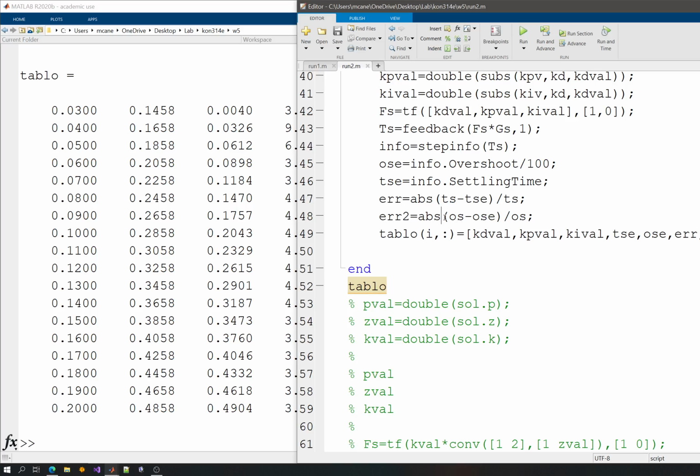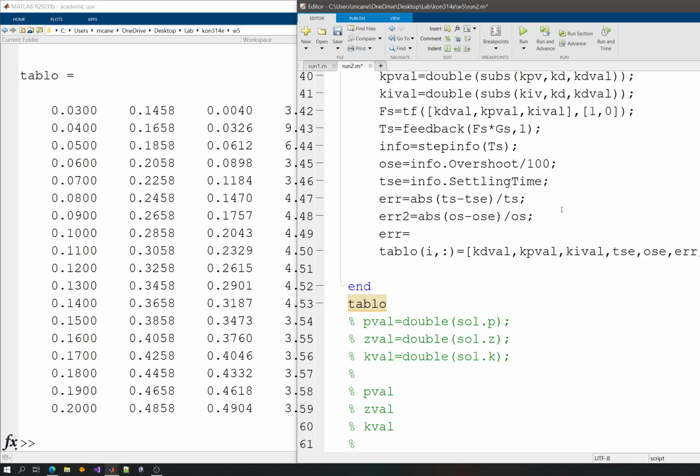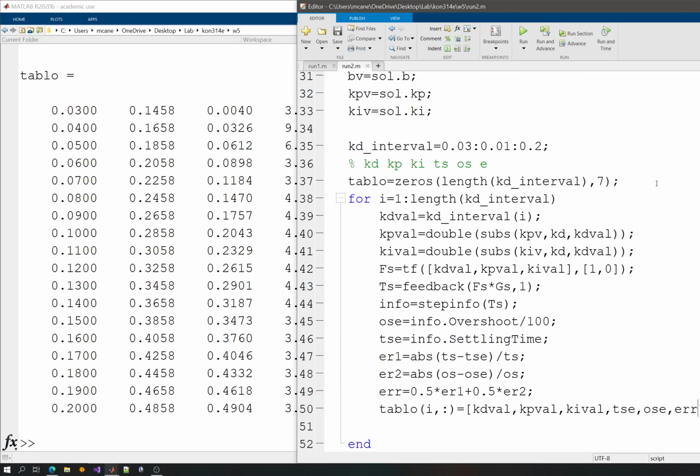But this can be combined so that I have just one error. Let's say error 1 and error 2, and I will combine them with 0.5 times error 1 plus 0.5 times error 2. So I will just keep track of this, and I will not put the other ones there, and it will become 6 here.